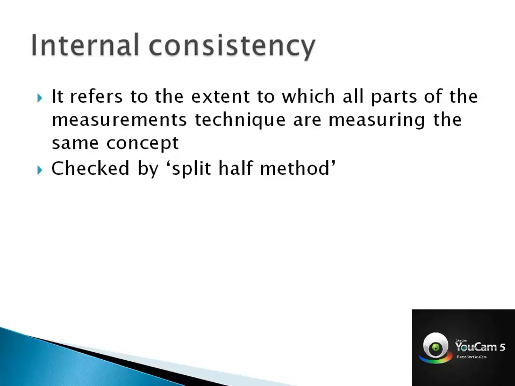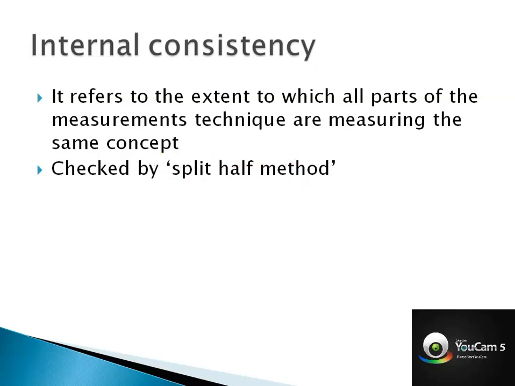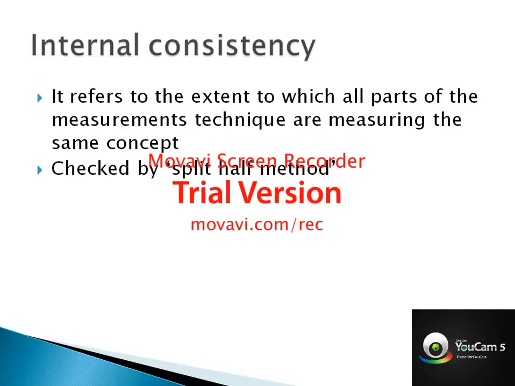So it is checked by the split half method. The split half method is nothing but you will split the questionnaire. For example, if you have 20 questions, you have to break it into two, 10 and 10, and you give 10 to one set of people and the other 10 to the other set of people, and see whether they are able to understand the concept and answer the questions.